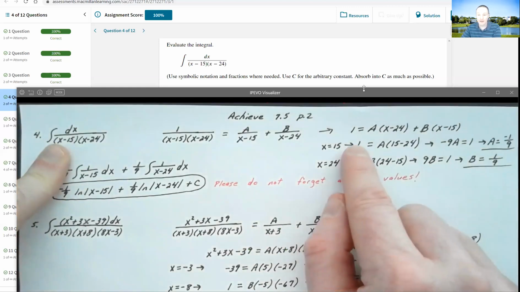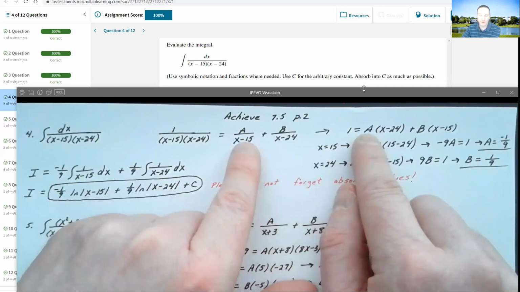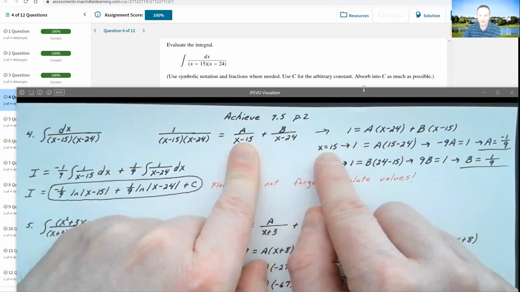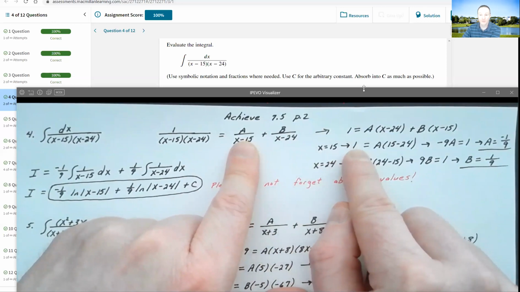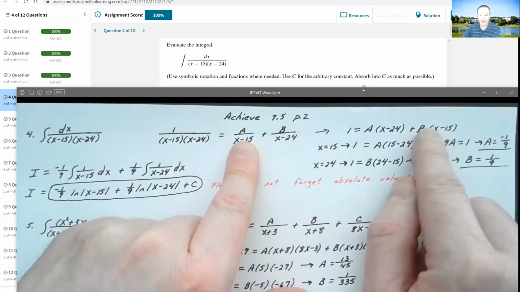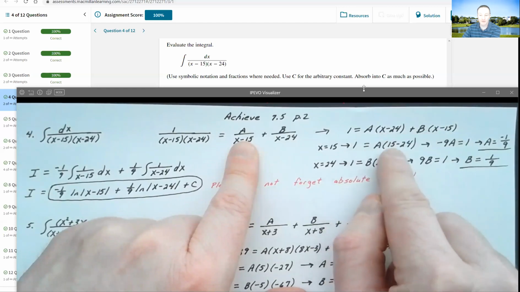Now, when I'm looking at this expression, I can then say, well, I should be able to solve for a if I let x equal 15. When I do, the left-hand side doesn't care if x is 15, it's just a constant of 1. On the right, the b would cancel out because it would be multiplied by 0. The a is going to be multiplied by 15 minus 24, or negative 9.